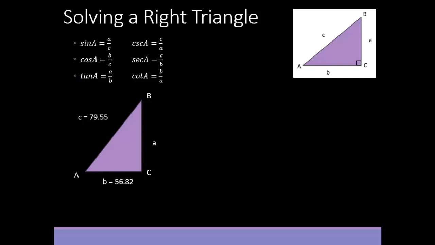All right. So we have B and C. So which of our trig functions can we use with angle A? Looks like cosine will give us angle A. So cosine A equals 5682 over 79.55.